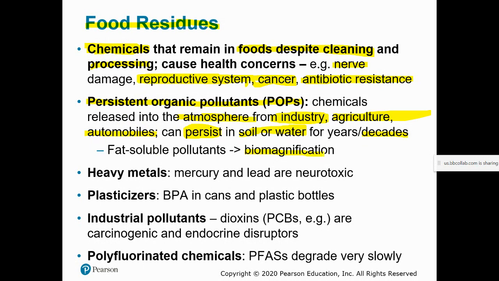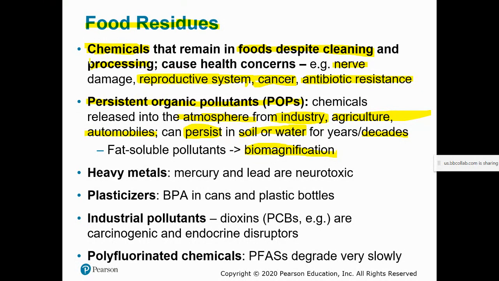We'll also talk about a concept called biomagnification, which is where, depending on how you eat in the food chain, we can eat animals that actually have excessively high amounts of these persistent organic pollutants in their bodies because of how they've eaten along the food chain. I'll show you a picture of that coming up.